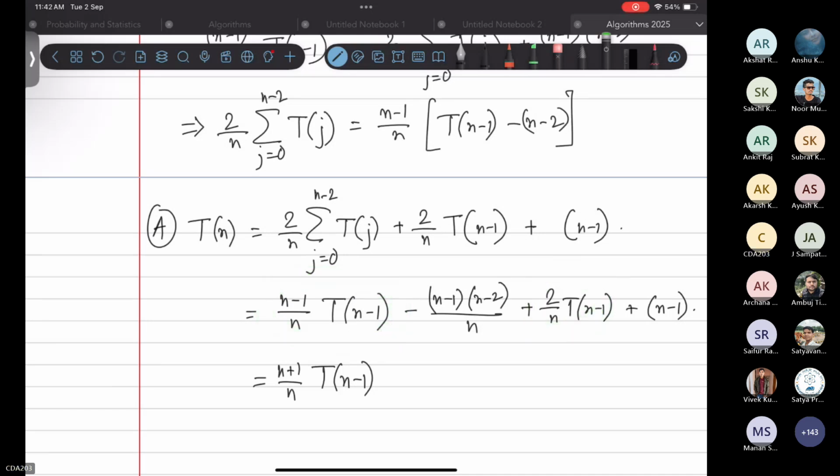Okay. And what extra do I have here? If I take n minus 1 out, then it's a plus 2 n minus 1 by n. Is this okay?